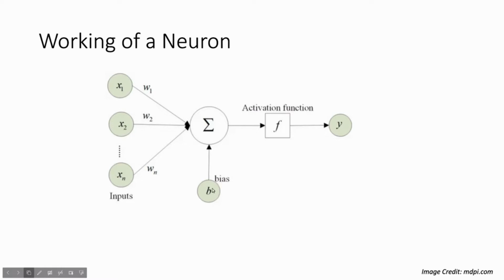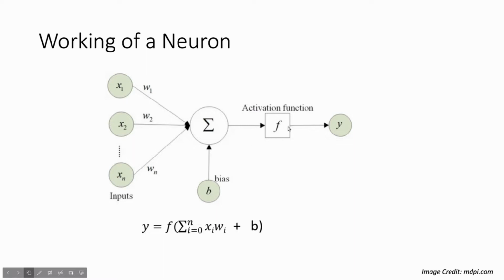The way a neuron functions is that first it calculates the sum product of the inputs with all the weights, and then a single bias term is added, one bias per neuron. Here we have only one neuron, so we have one bias, and that is fed into an activation function.